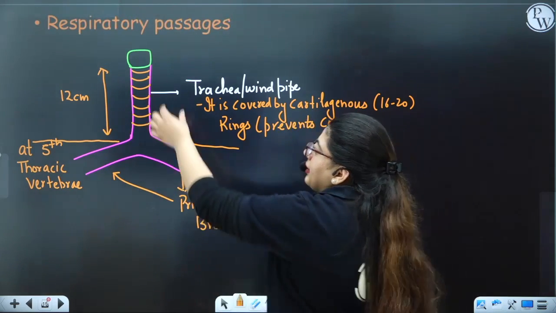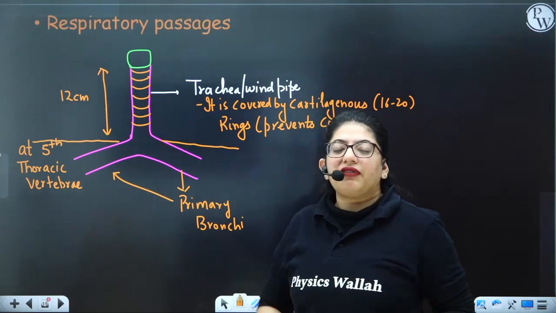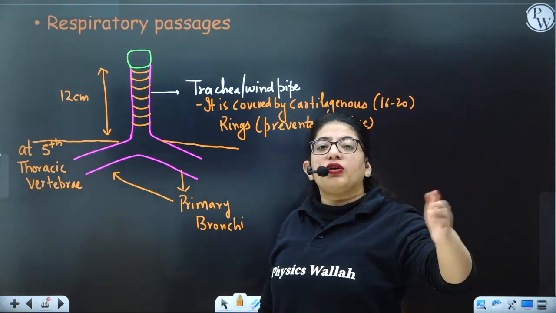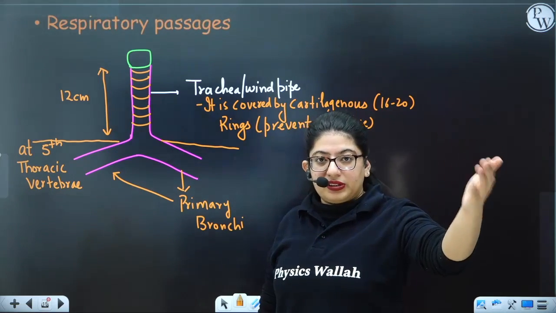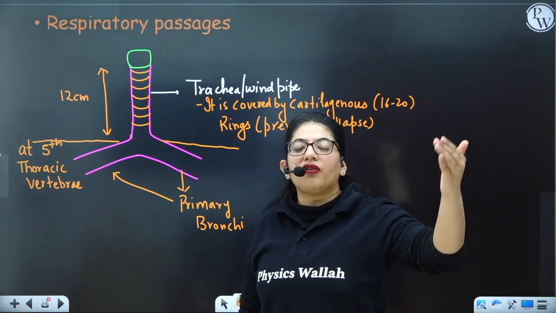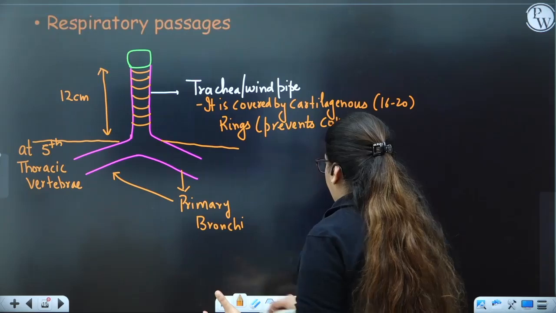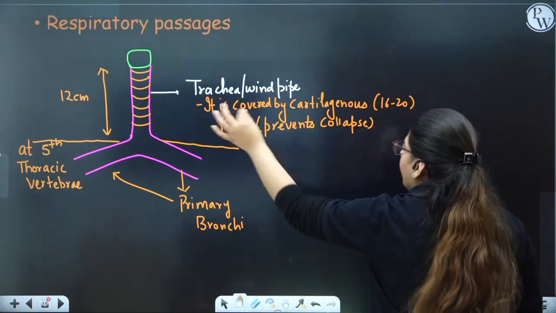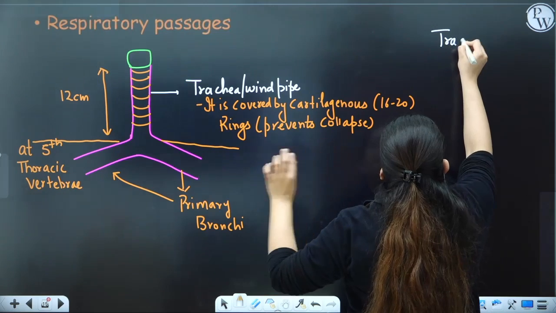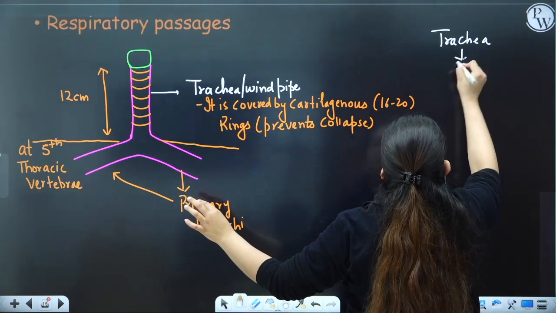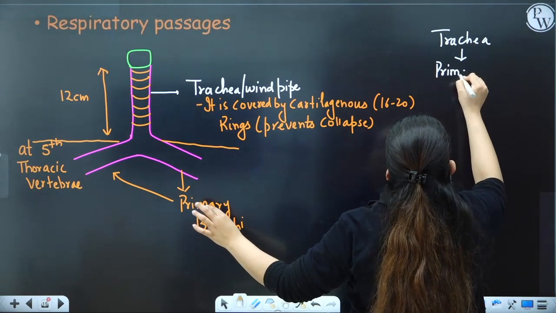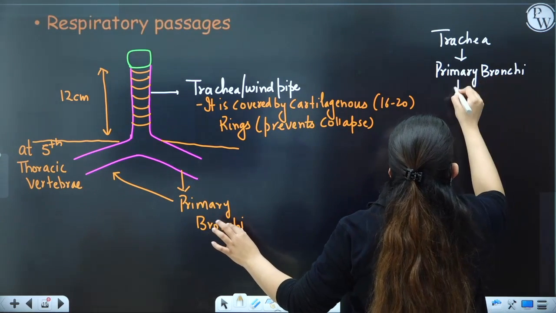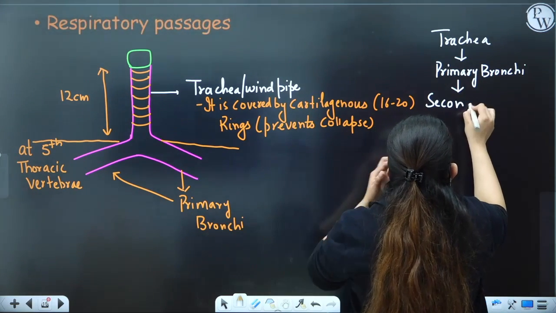So if I say this is the trachea, the trachea will bifurcate into bronchi. Bronchi will then open into your bronchioles. Fine. So here is a small set of trees. I'm writing the names first, then I'll explain in detail. So here we have the trachea. The trachea opens into primary bronchi. Primary bronchi will then open into secondary bronchi.